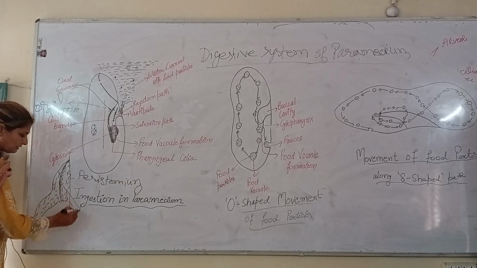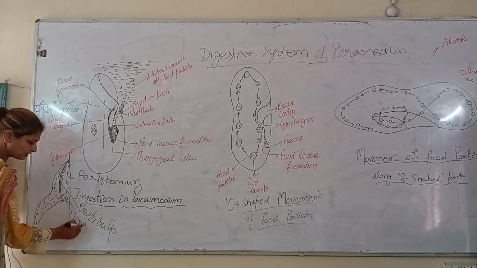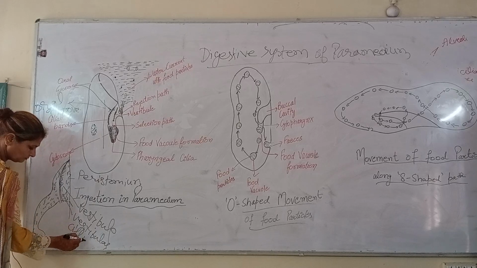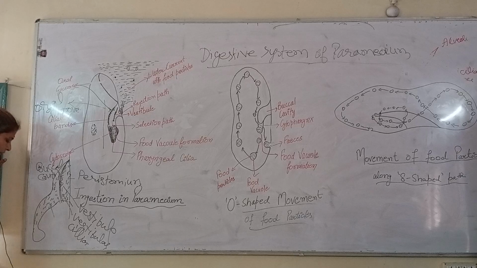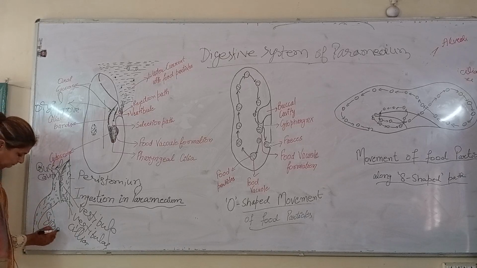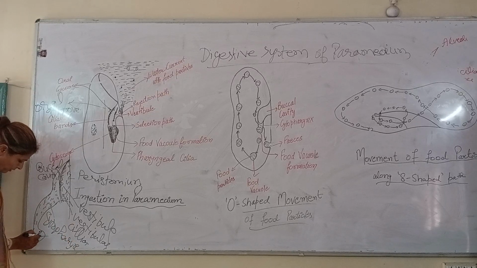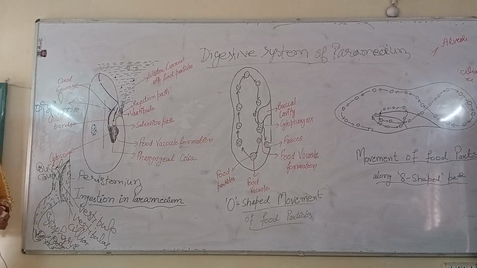And then is vestibule, or there are present vestibular cilia. After that, there is a buccal cavity. After the buccal cavity, there is present cytopharynx. Or this is food vacuole, last part of the cytopharynx is food vacuole. The food vacuole is formed by the last part of the cytopharynx.